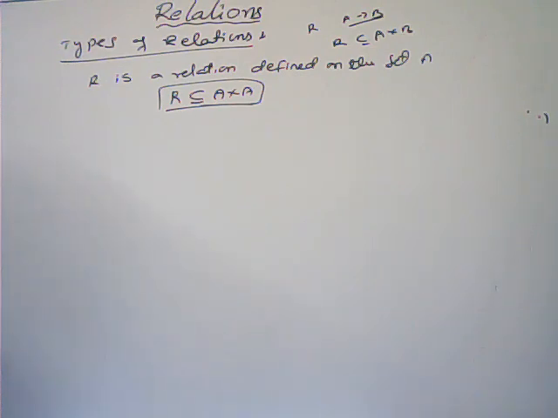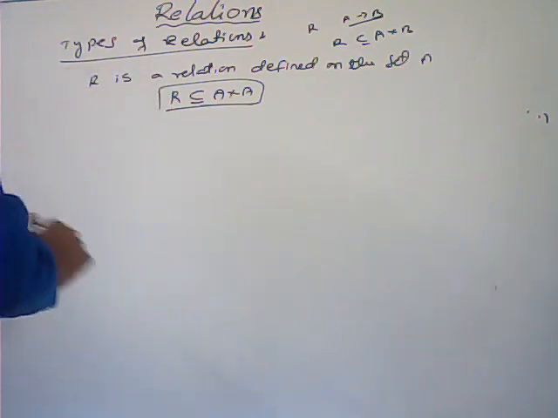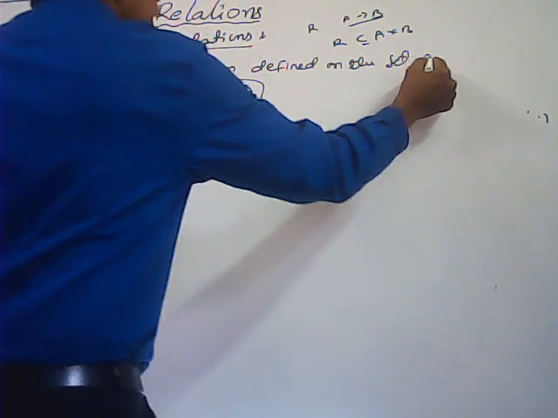A cross A only. What is the smallest relation? That is always void relation only. Now R is a relation defined on the set A, so R must be subset of A cross A.